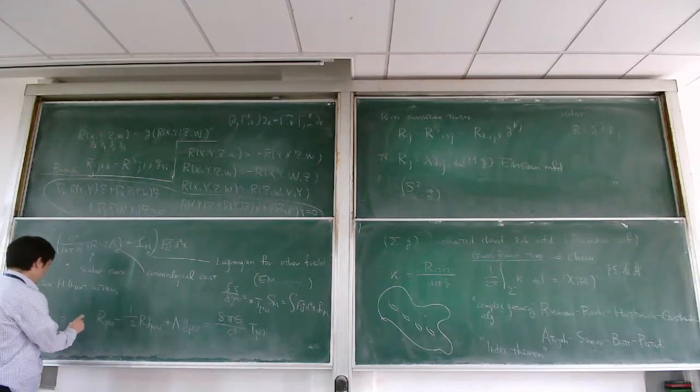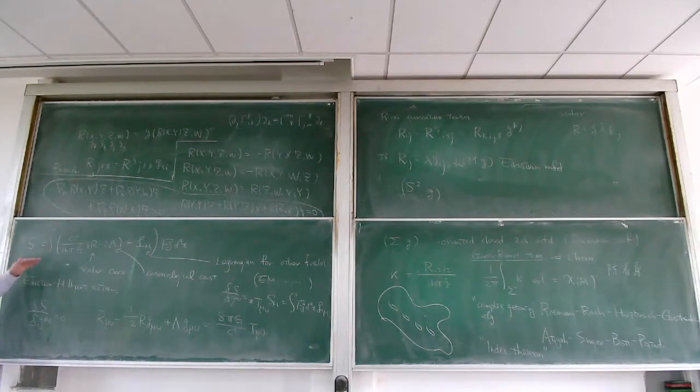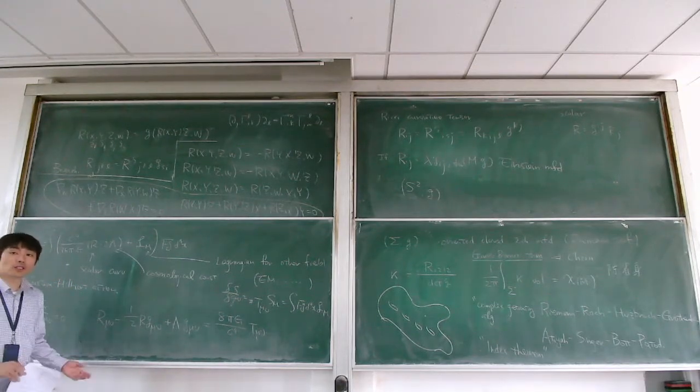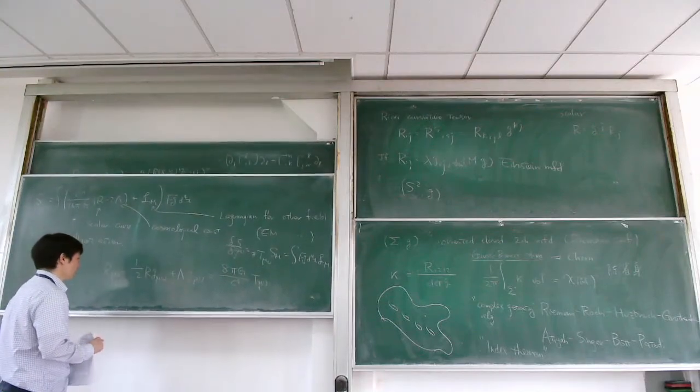This is the Euler-Lagrange equation for this Einstein-Hilbert action, and this is one of the most famous equations in physics, called the Einstein equation.